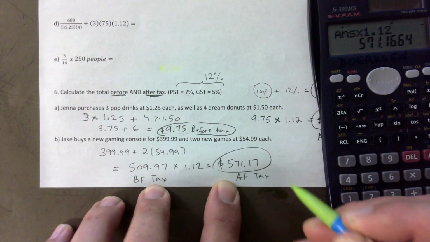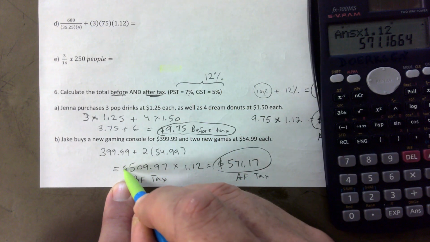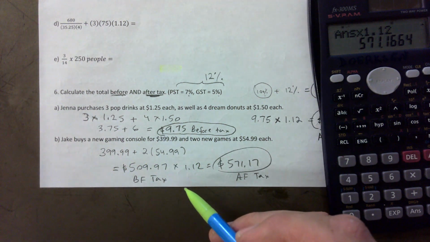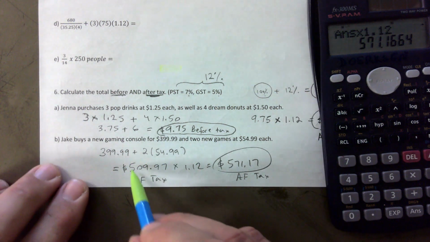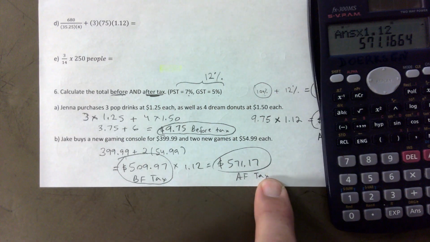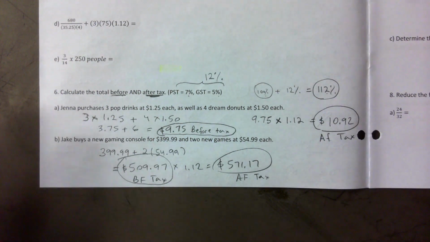Just make sure, I forgot something here because this is part of your answer. Before tax doesn't have a dollar sign. It doesn't matter if you show the dollar sign along the way, as long as your final answer has it. Okay? So I'm going to circle the before tax, and I'm circling after tax. I'm labeling clearly. It's all good there.